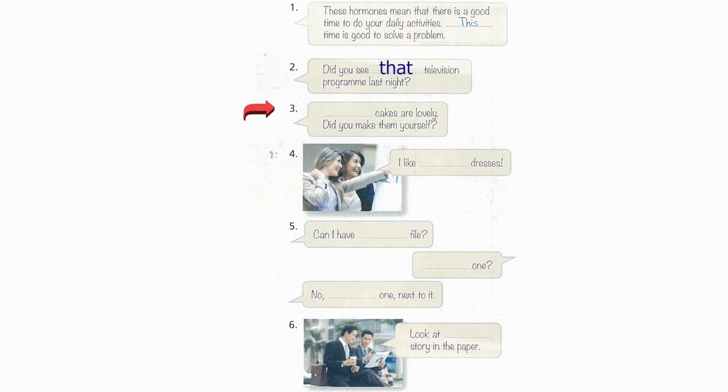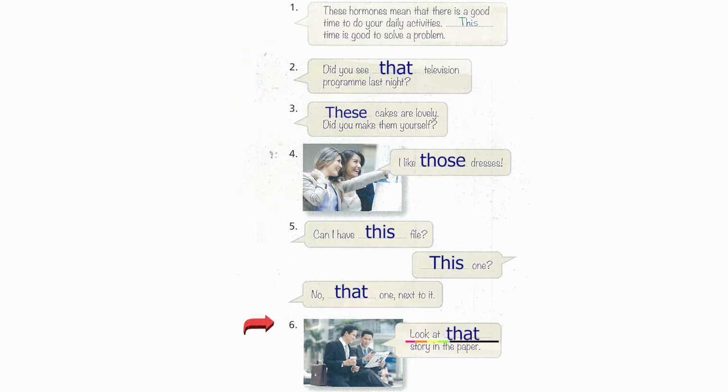3. These cakes are lovely. Did you make them yourself? 4. I like those dresses. 5. Can I have this file? This one? No, that one, next to it. 6.